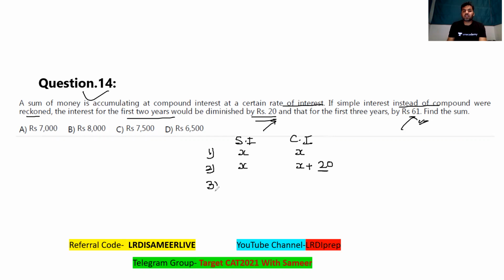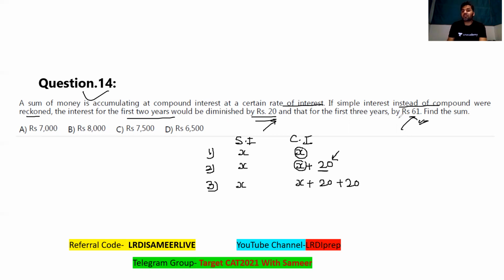And if I go to the third year, the interest value on the principal will be X. In compound interest also you will be getting X on the principal. But in addition to that, you will be getting this 20 rupees again in the third year as interest on this X rupees, and also 20 rupees more as interest on this 20 rupees.